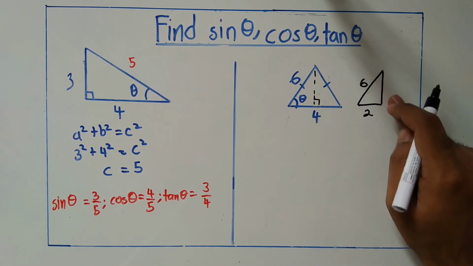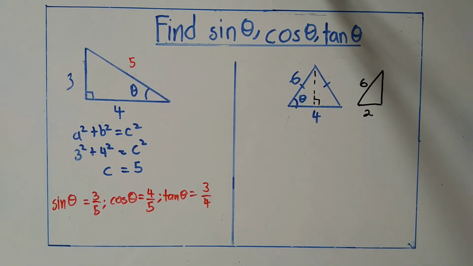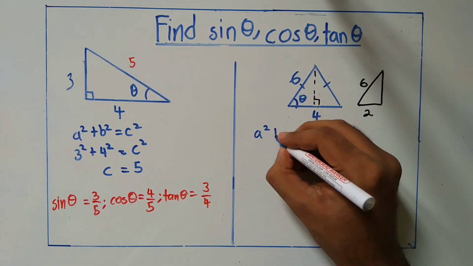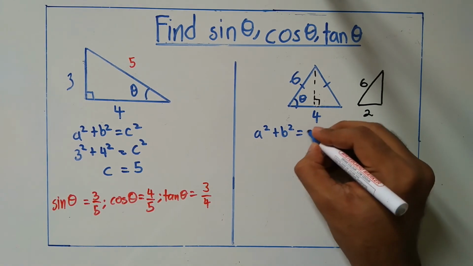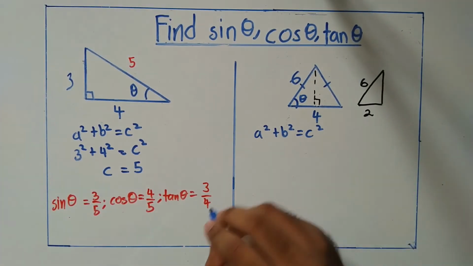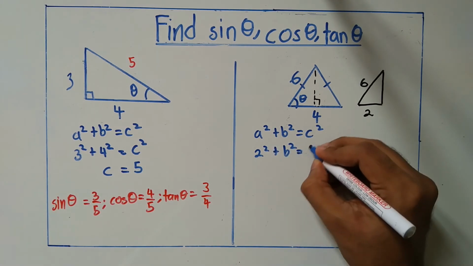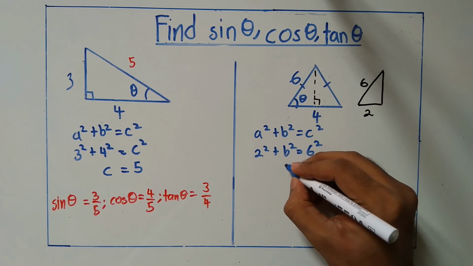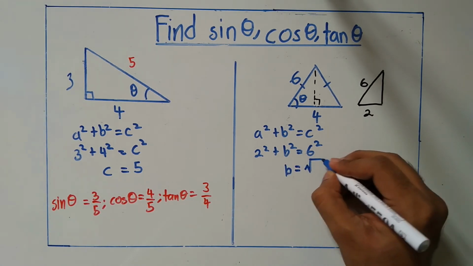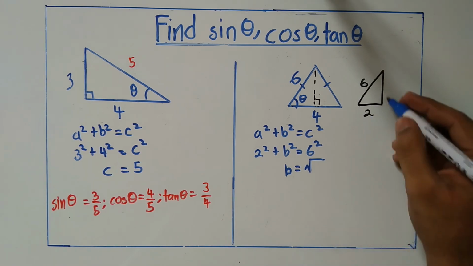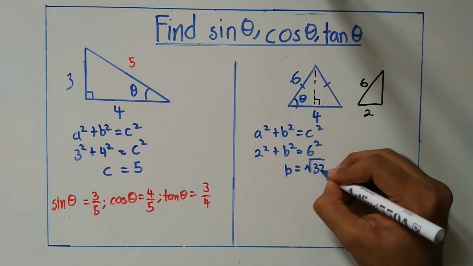The missing value is this side. Use the Pythagoras theorem to solve it. We find that the missing side is square root 32.